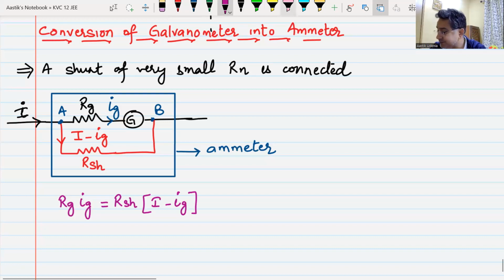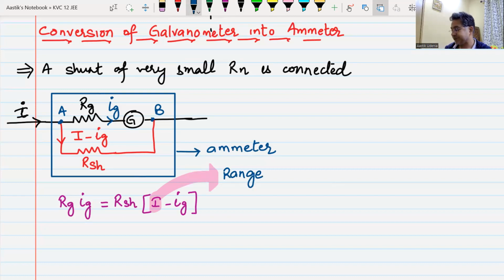This I is the maximum current that can flow in the ammeter. So this I will be the range of the ammeter. Do we understand this? So you will be given what range ammeter you want.